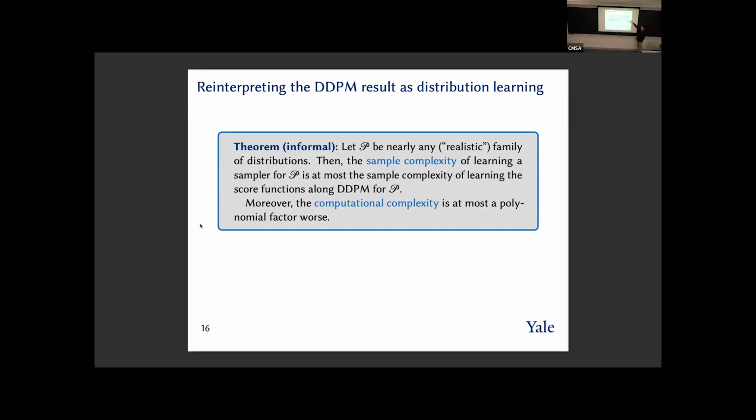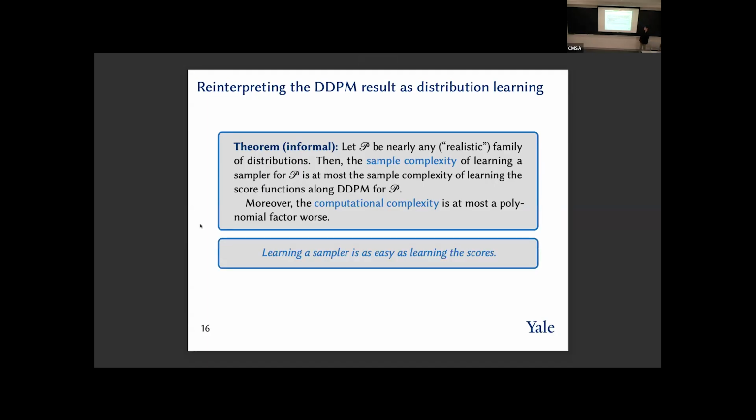And this is reflecting the fact that the iteration complexity of diffusion models is polynomial. So the algorithm for generating samples runs in polynomial time. Okay, so all those results I showed in the first part are really results about distribution learning that relate the complexity of learning a sampler to the complexity of learning score functions.